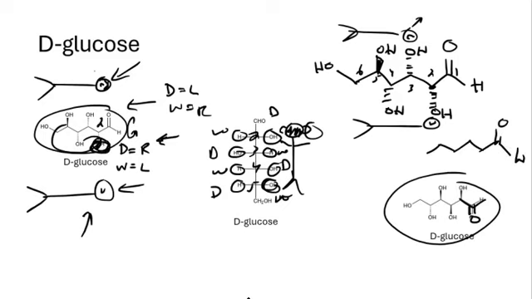So keep in mind, it's not best to just memorize that wedge is on the left and dash is on the right, because it may not always be. You always want to at least draw the structure once where you have the person in view, decide where's the wedge and the dash on that second carbon, and then alternate as you go down.